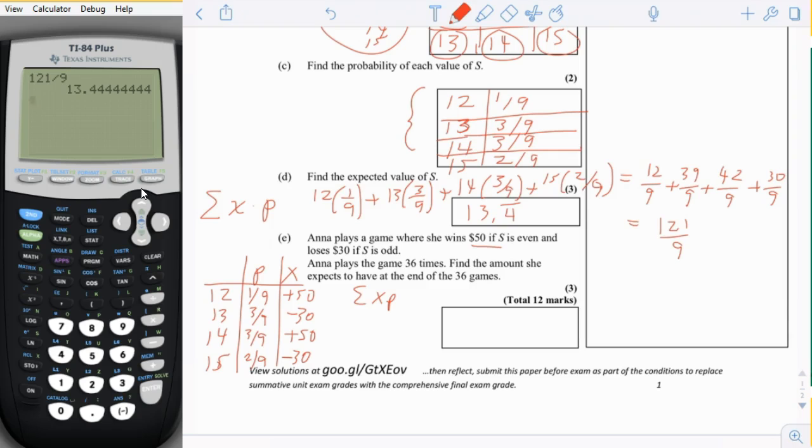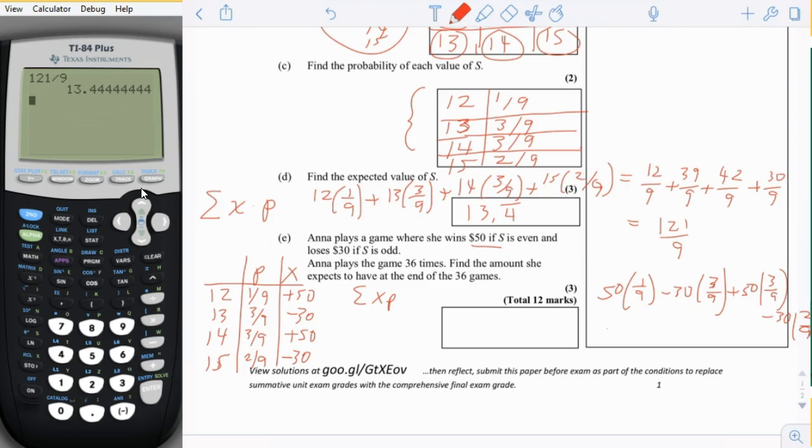So we're going to have 50 times 1 ninth, minus 30 times 3 ninths, plus 50 times 3 ninths, minus 30 times 2 ninths. Okay? And then this is going to add up to the expected value of the money.